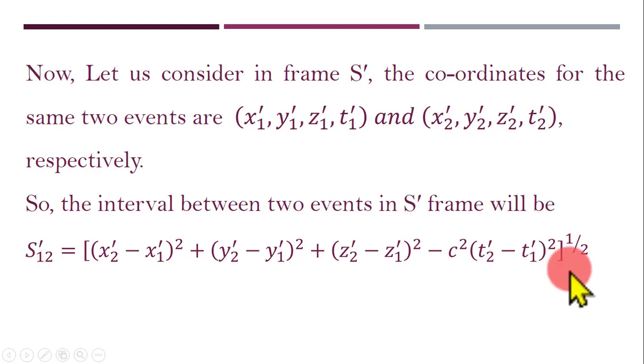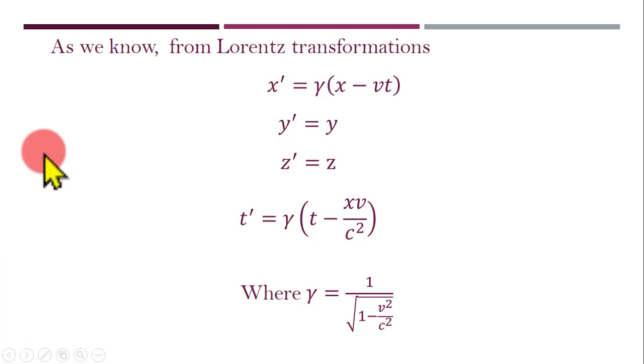As you know from the Lorentz transformation, x prime is equal to gamma into x minus vt, where v is the velocity of the S prime frame, y prime is equal to y, z prime is equal to z, and t prime is equal to gamma into t minus xv by c square, where gamma is equal to 1 upon the square root of 1 minus v square over c square.